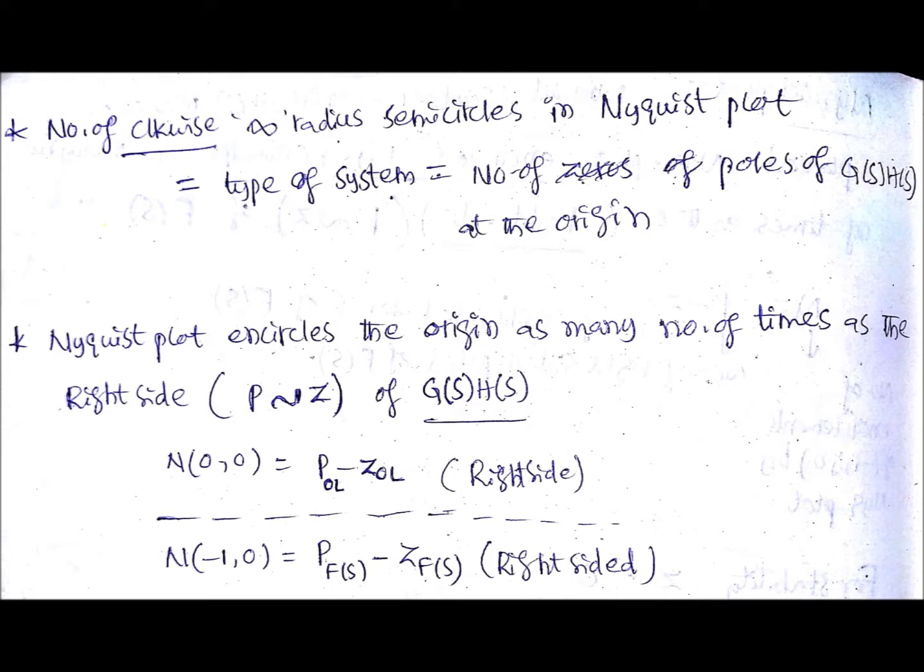But for minus 1 comma 0 it is right-side poles minus zeros of the characteristic equation. That is the difference.